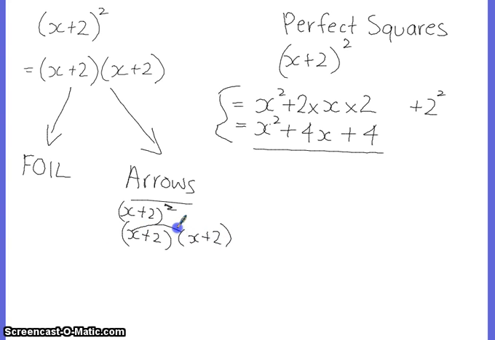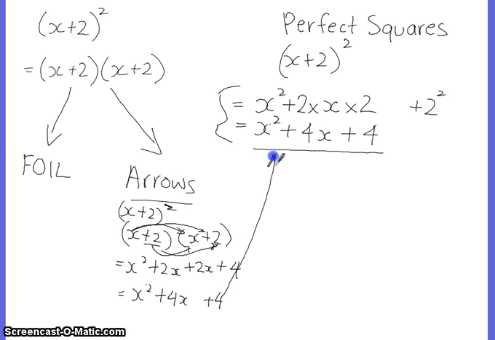If we did our arrows, we'd go x times x is x squared. Our arrows plus 2x. Our arrows is plus 2x. Our arrows is plus 4. Equals. That means it would be x squared, 2x plus 2x is 4x, plus 4. Same answer?